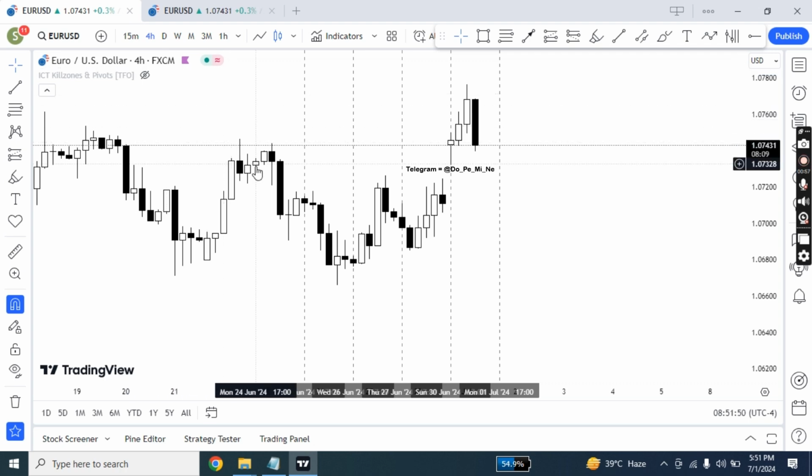So we're obviously going to start off with key opening times right here, and you know that the daily candle opens and closes at 17 Eastern time, or 5 p.m. Eastern time.